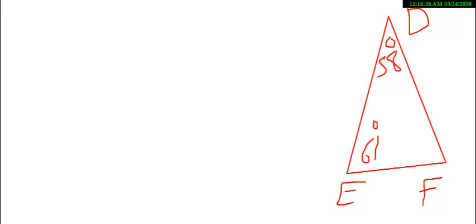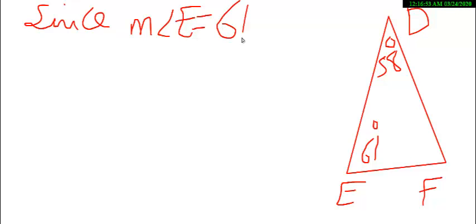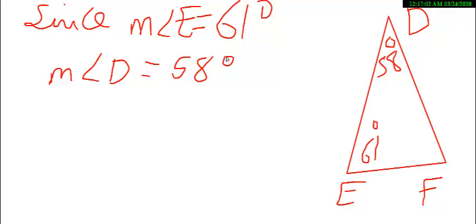Back again to the figure. So I'm gonna say here, according to the given information, which is mathematical conditions, measure of angle E equals 61 degrees, measure of angle D equals 58 degrees. We had an axiom before stating that the sum of all interior angles of any triangle equals 180.